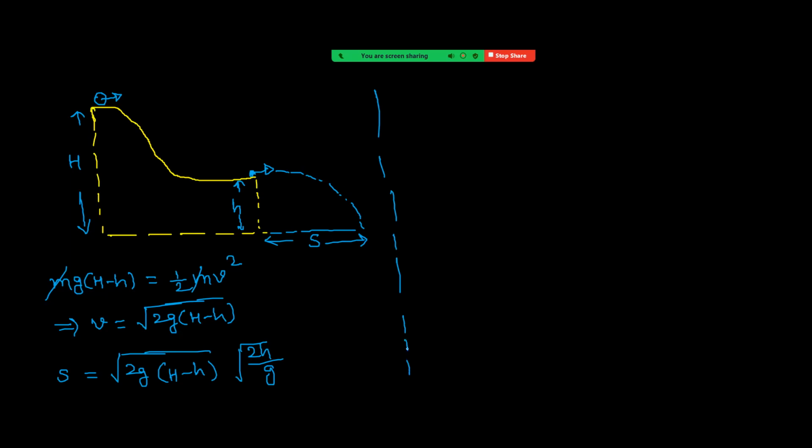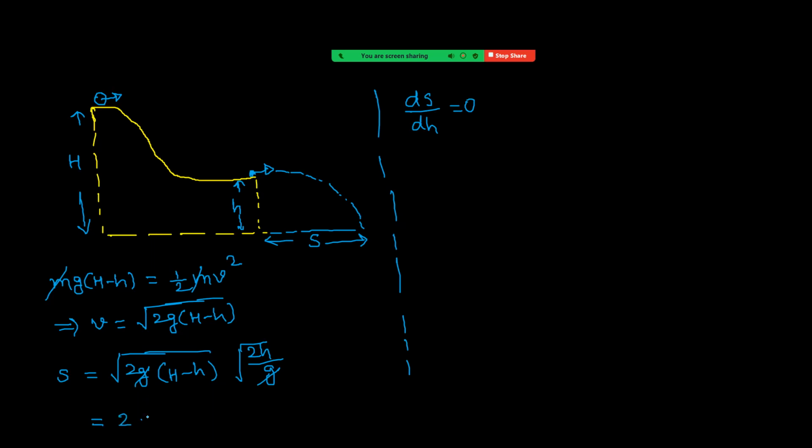So this should be maximum. We have learned in maxima and minima that whenever a quantity becomes maximum, minimum, or constant, its derivative must be zero. So differentiate that with respect to the variable, that is small h, and make it equal to zero. g gets cancelled. 2 into 2, so 4.